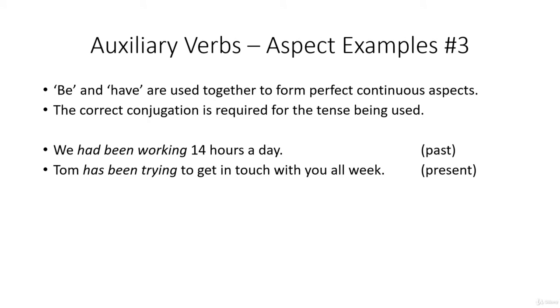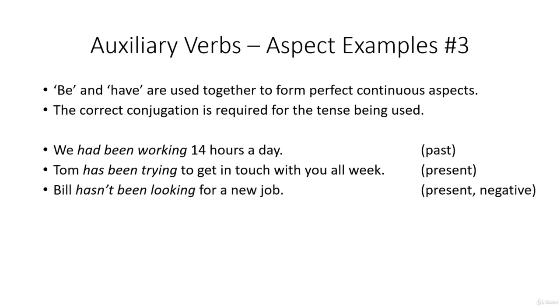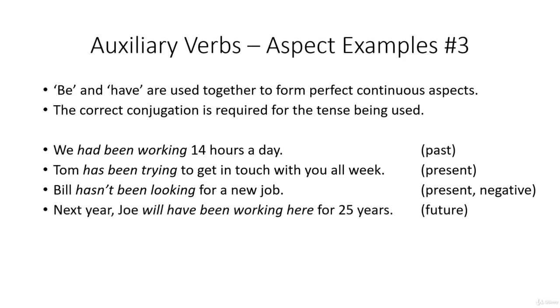Tom has been trying to get in touch with you all week. If we negate the present perfect continuous, Bill hasn't been looking for a new job, where hasn't is the concatenation of has not. Then a future perfect continuous example. Next year, Joe will have been working here for 25 years.